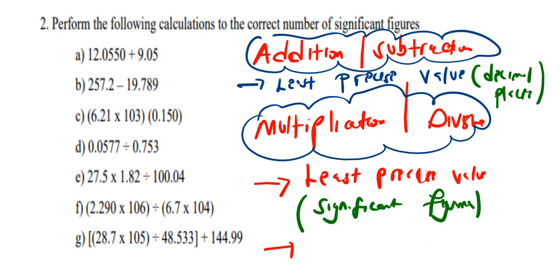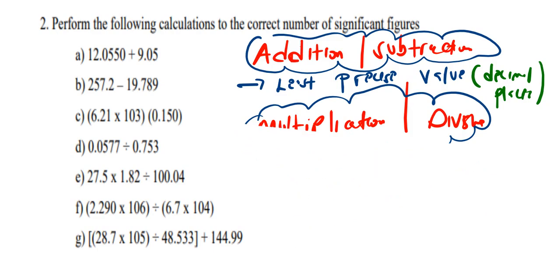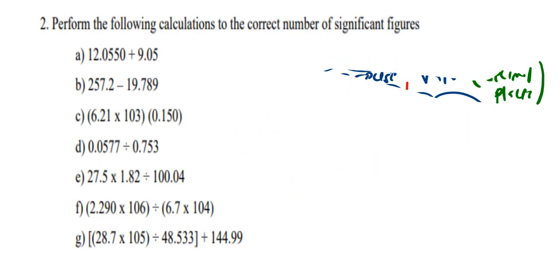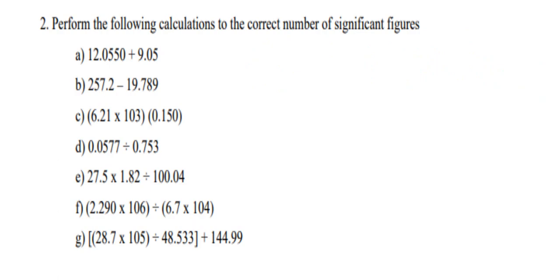Okay, now that we've talked about these rules, let's solve these questions that we have. So 12.0550 plus 9.05.